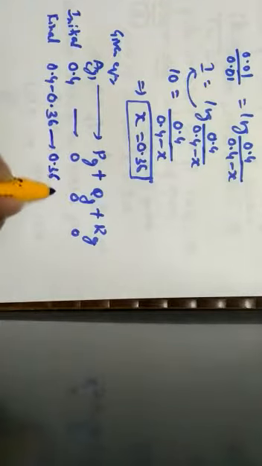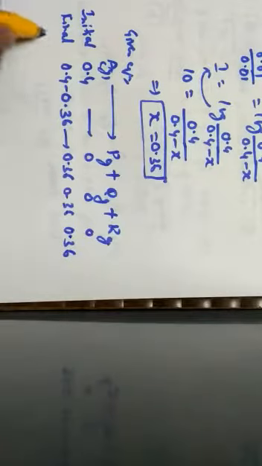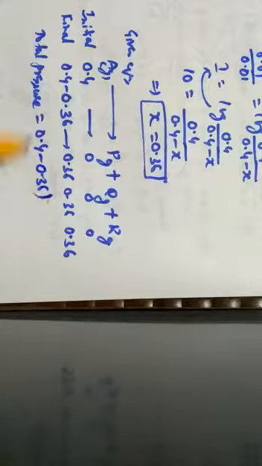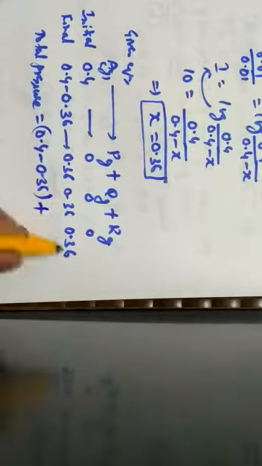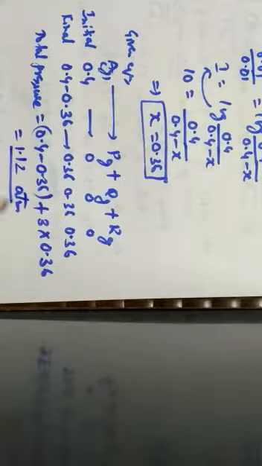Hence the product will be 0.36, 0.36 and 0.36. Now they are asking us to calculate the total pressure. Therefore the total pressure is equal to the sum of the individual partial pressures, that is 0.4 minus 0.36 plus 3 times of this, that is 3 into 0.36, which comes out to be 1.12 atmosphere. So this 1.12 atmosphere is given by the option D.